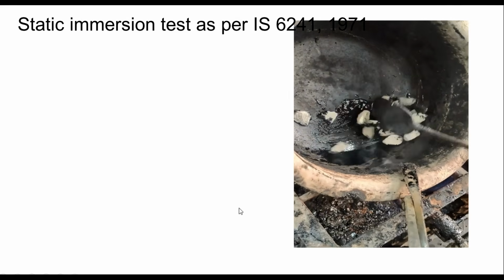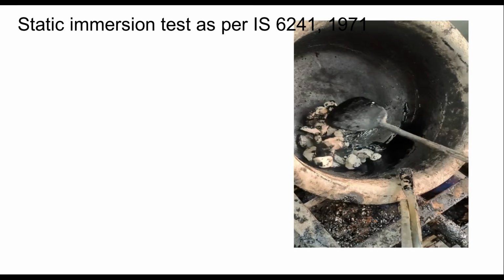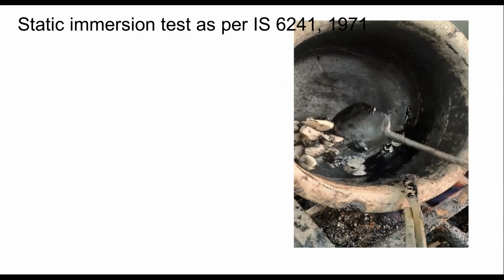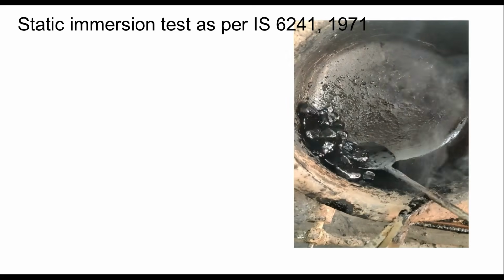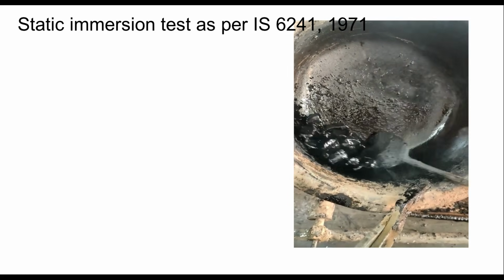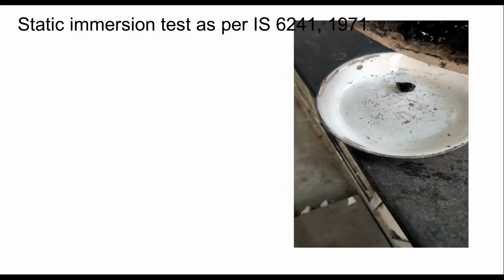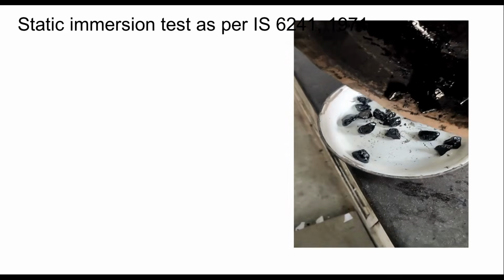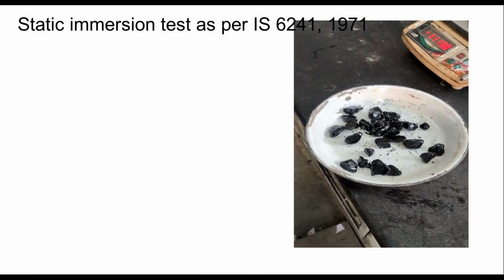Mix aggregate and bitumen properly so that the bitumen completely coats the aggregates. And after this coating is done, then transfer these either in a jar or on a plate and allow it to cool at room temperature for about 2 hours.